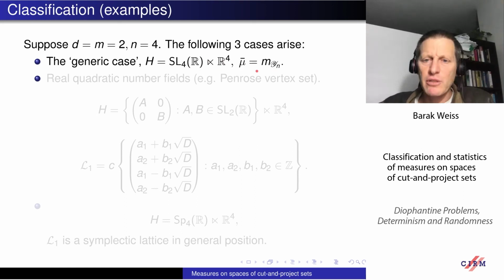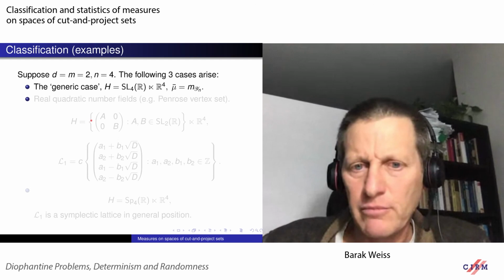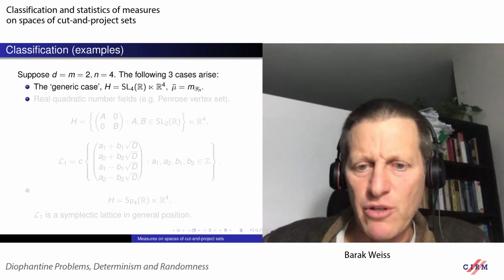The measure is the canonical ASL_4(R) invariant measure on the space of 4-dimensional grids, which I'll denote by this X_n. n is 4 here, and that's the first case. That's the big measure, so-called.